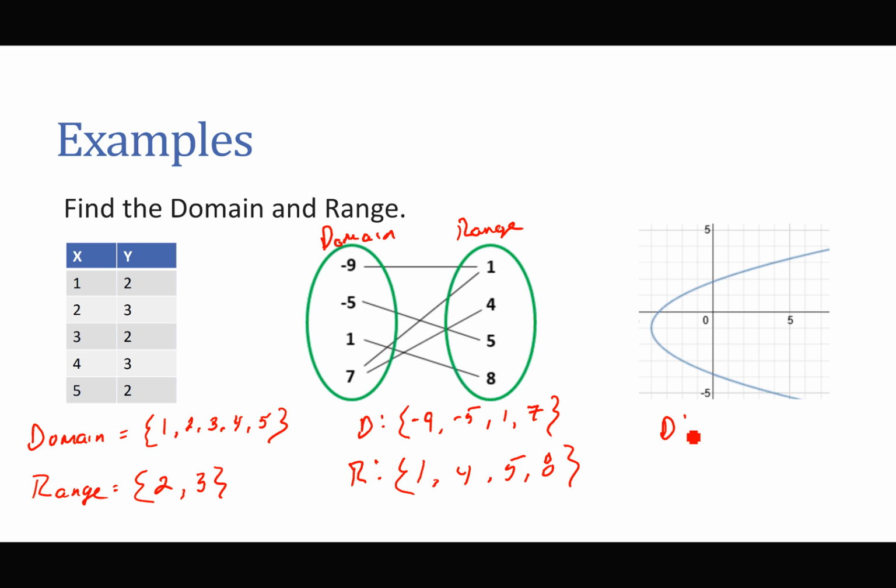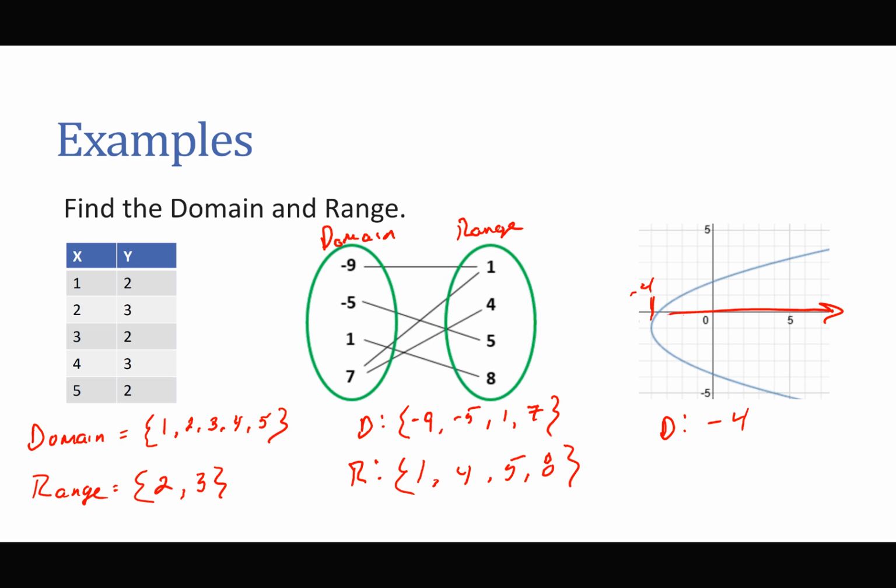And then with a graph, again, domain represents all possible x values. I can see right here, the furthest left this goes, 1, 2, 3, 4, is here at -4. And then it's all values going to the right, the positive x direction, from there. So I could represent this with interval notation.